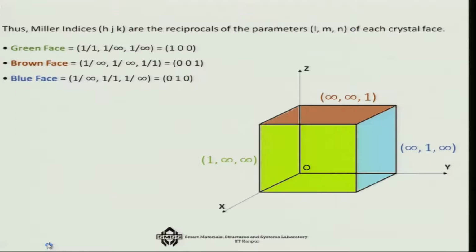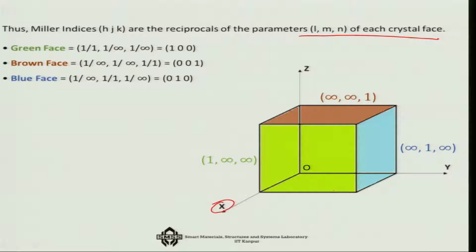Let us discuss some other cases. For example, the Miller indices h, k, l are the reciprocals of the intercept parameters of each of the crystal faces. If you consider the green face and look at the intercepts, the green face has a finite intercept in the x direction, and in the y and z directions they are infinite.